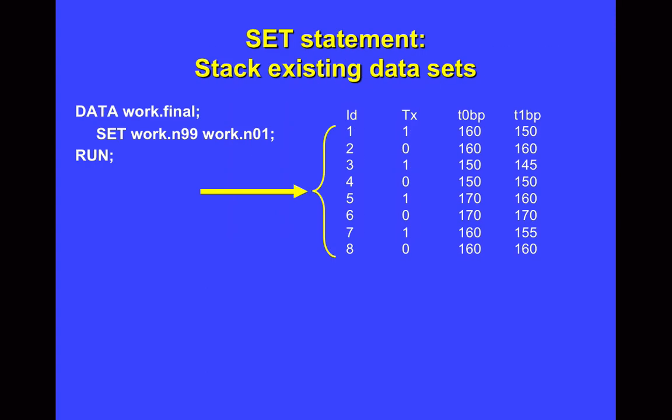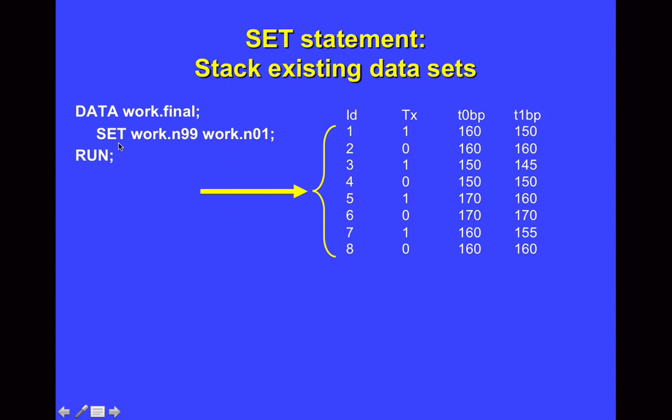And the way to do that is quite straightforward. You can use a data step and then a set statement within that data step where you specify the names of the SAS data sets that you want to stack. So in this example, I'm creating a new SAS data set. It's a temporary SAS data set called final.